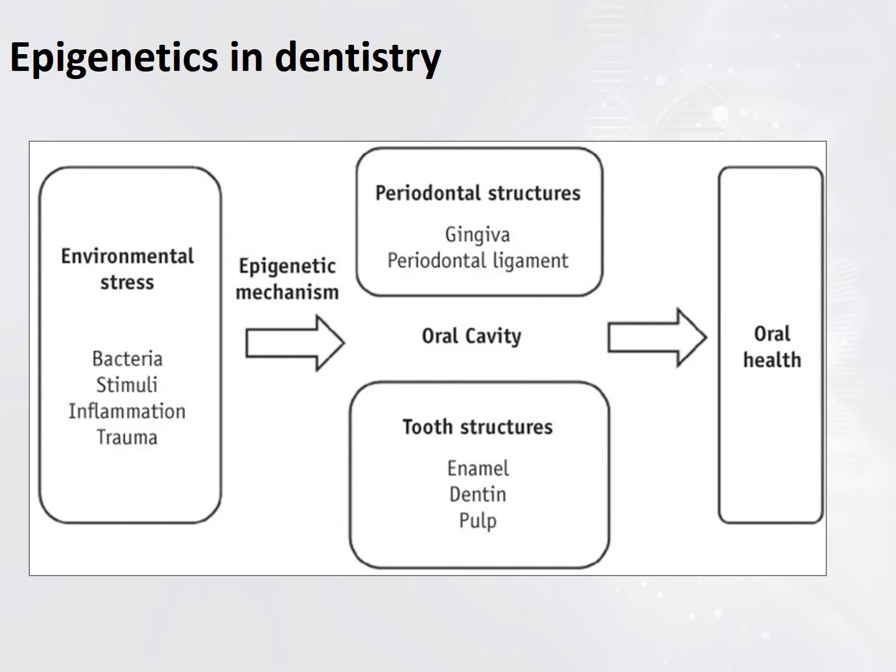So we can see that there are epigenetic mechanisms at play in the development of the tooth structures, in development of different orofacial cancers, and also in the maintenance of this balance between inflammation and anti-inflammation, which results in periodontal disease and sometimes caries.